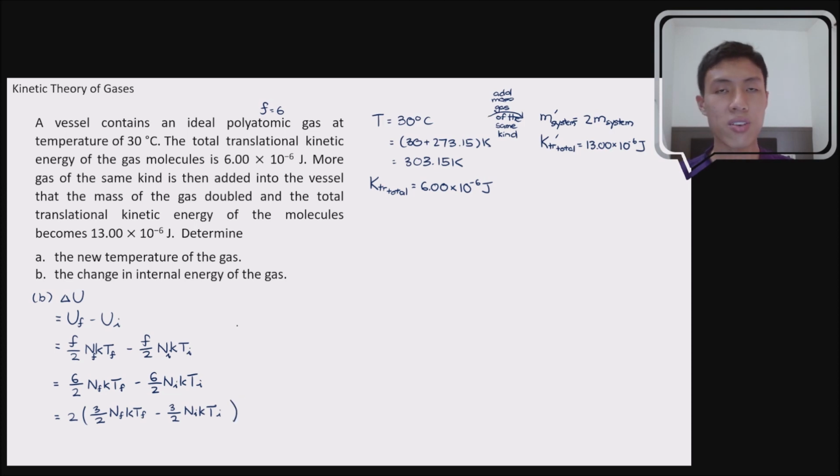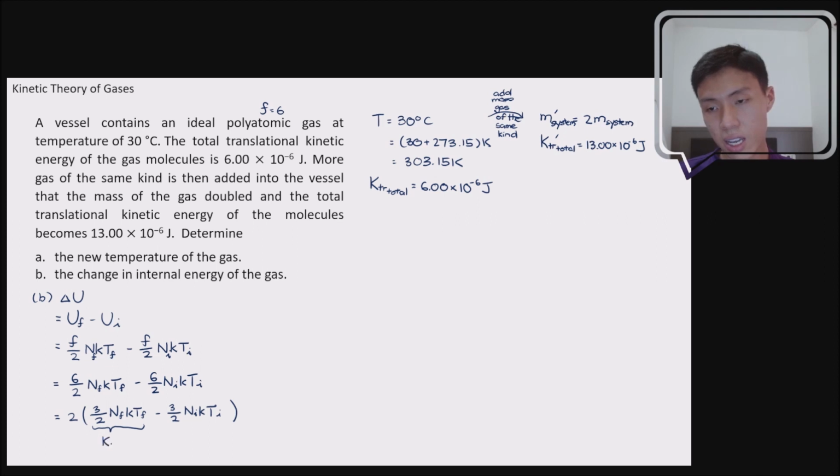Why do I factorize out a 2 over here and make it a 3 over 2 as our fraction? Because if it's 3 over 2 here, what we have is translational kinetic energy. Translational kinetic energy is 3 over 2 kT. If you multiply by the number of gas molecules, you get the total translational kinetic energy, so this is the total translational kinetic energy final.